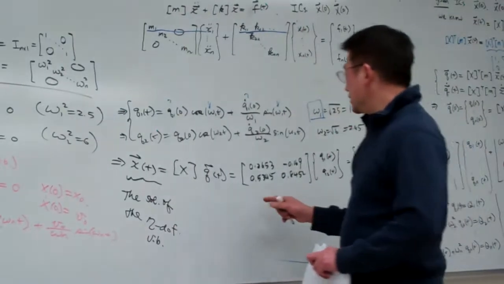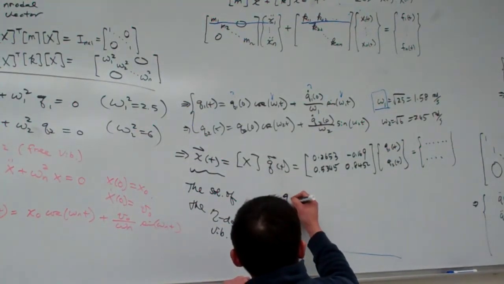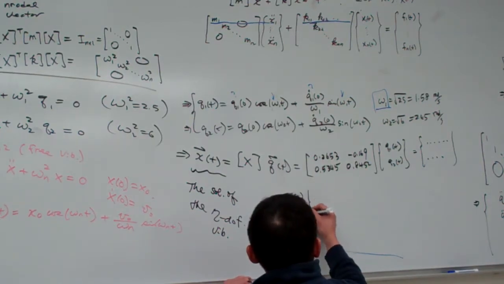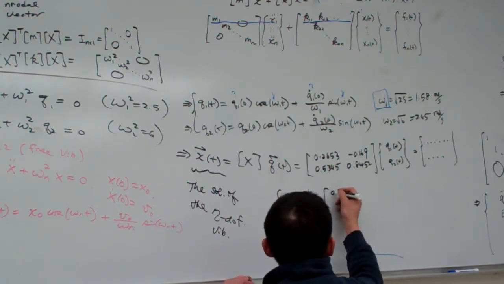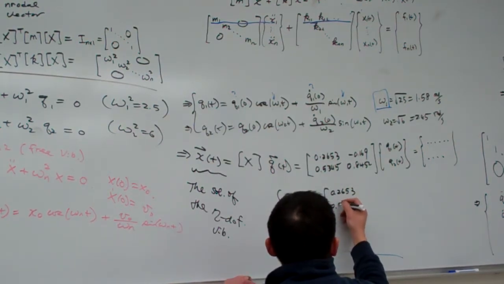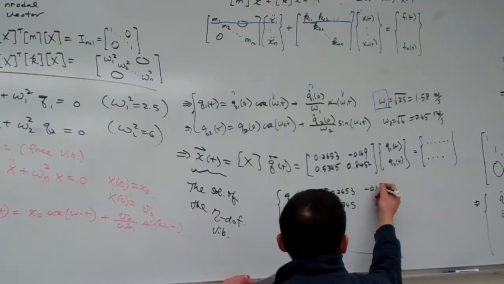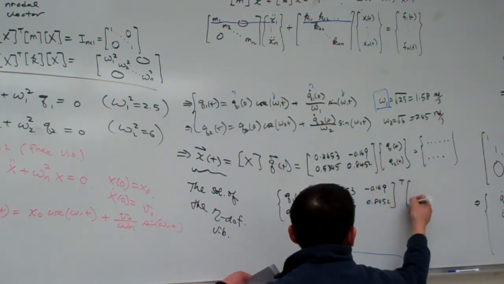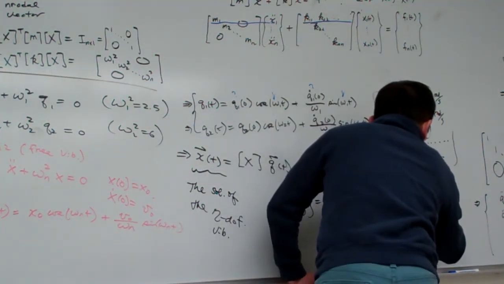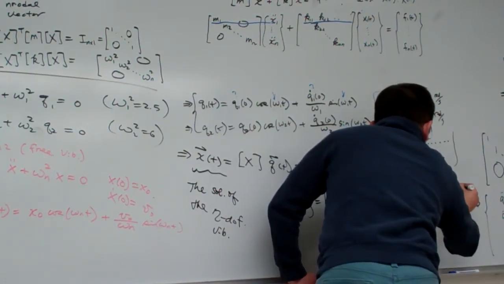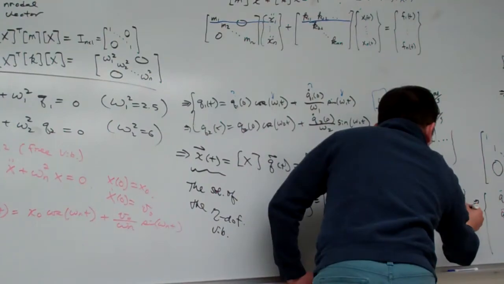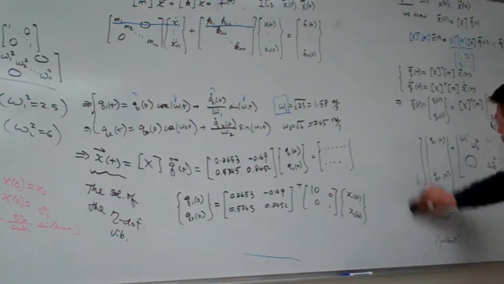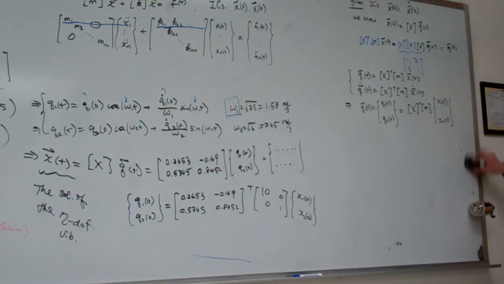So for our equations here, the Q transpose multiplied with M, multiplied with x1,0, x2,0.